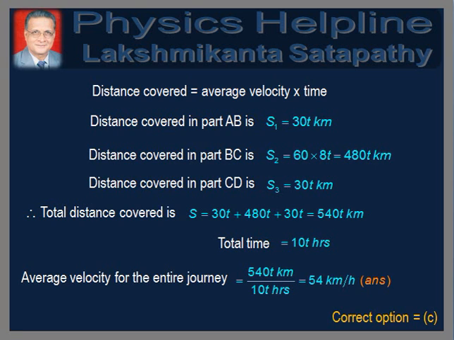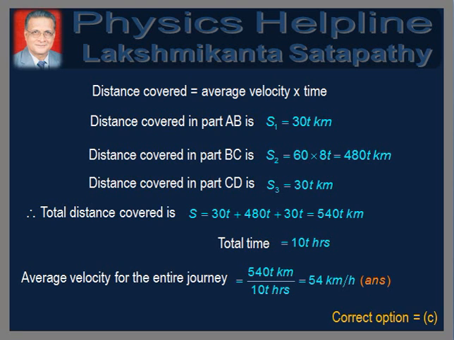And the distance covered in part CD, S3, is equal to 30t kilometers. Therefore, the total distance covered is equal to S1 plus S2 plus S3, which is equal to 540t kilometers.